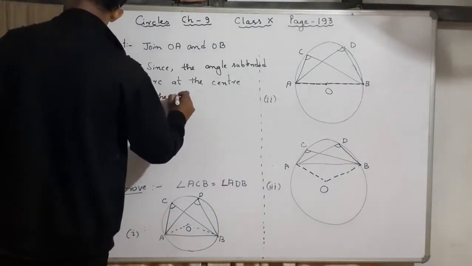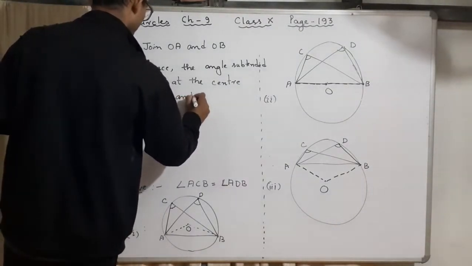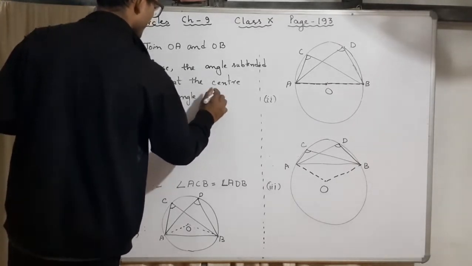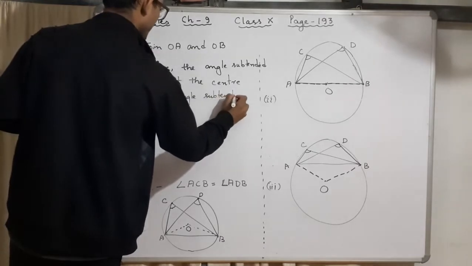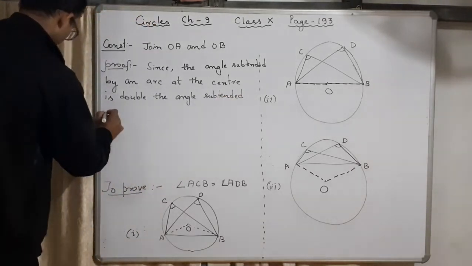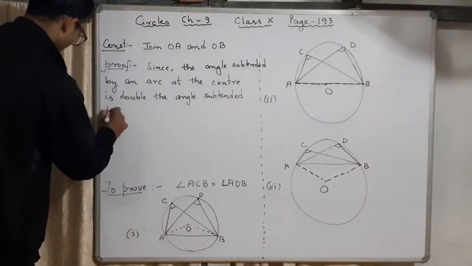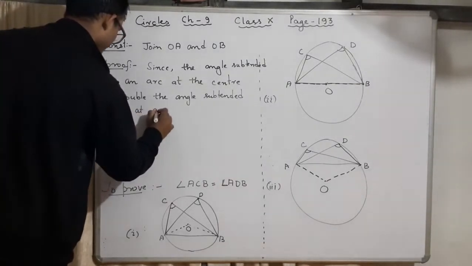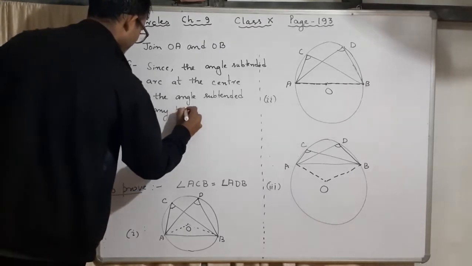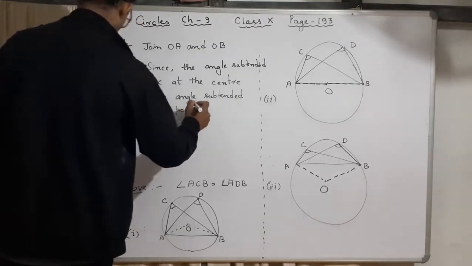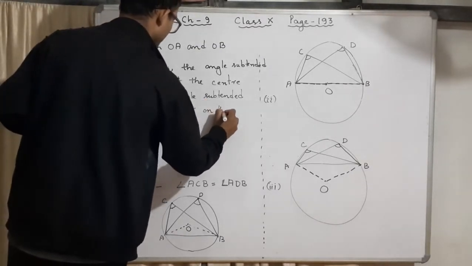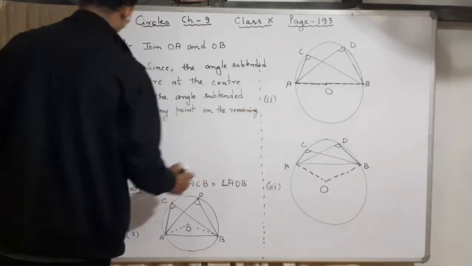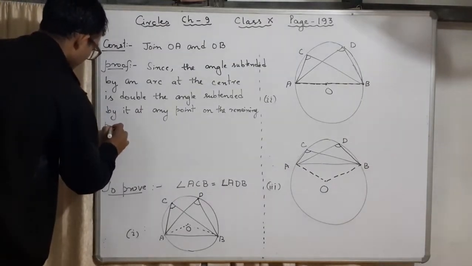Double the angle subtended by it, that means that arc, at any point on the remaining part of the circle.